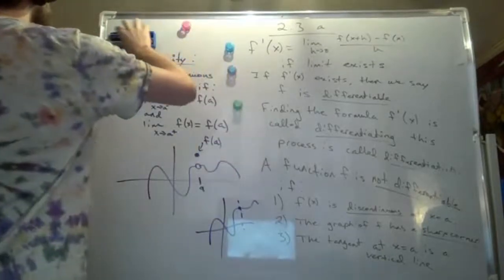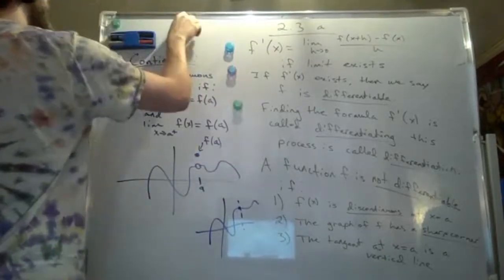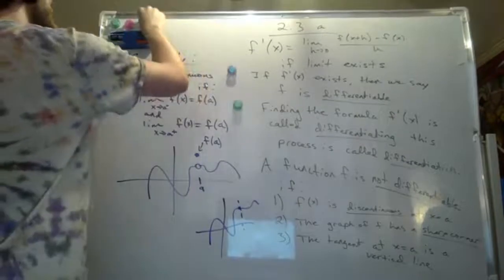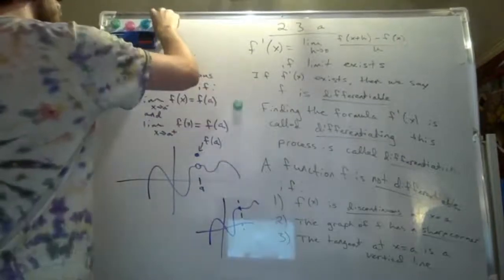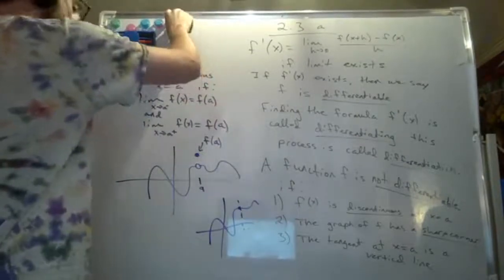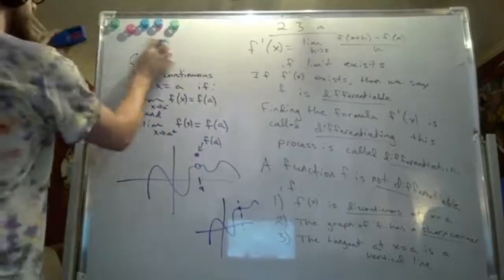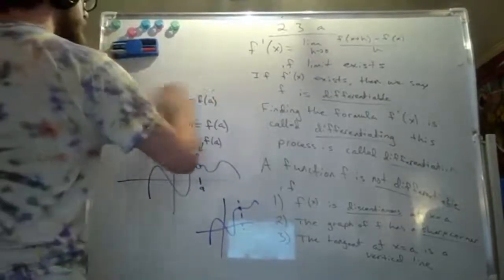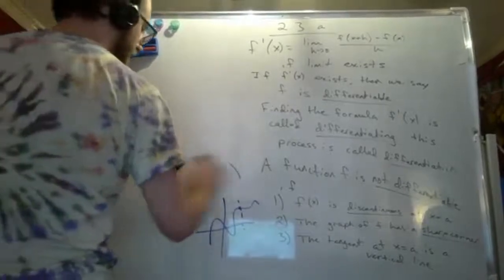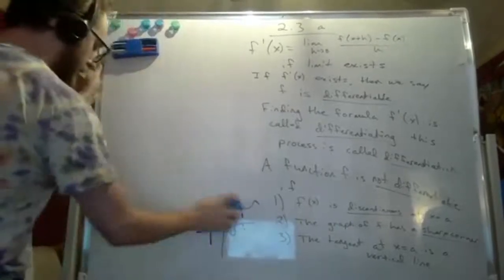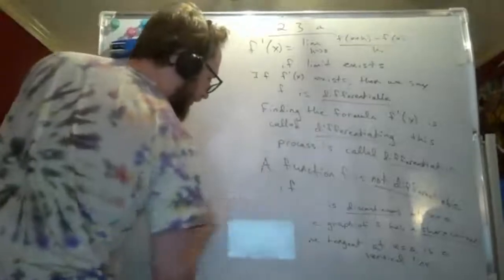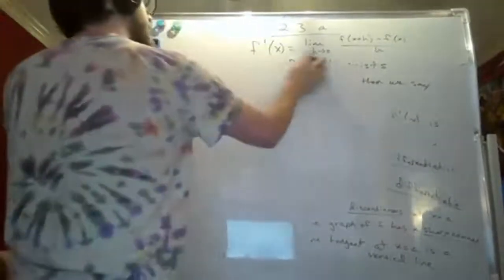Some rules we can use to take the derivative faster, which is going to be very useful to us as we move on to more complicated equations. So I'm going to go ahead and erase this. Yeah, I'll go ahead and erase all of it. I'll leave the derivative here. We might want that later.